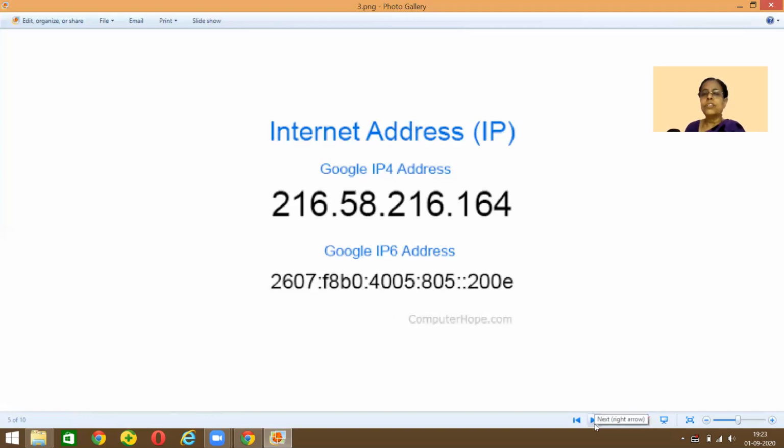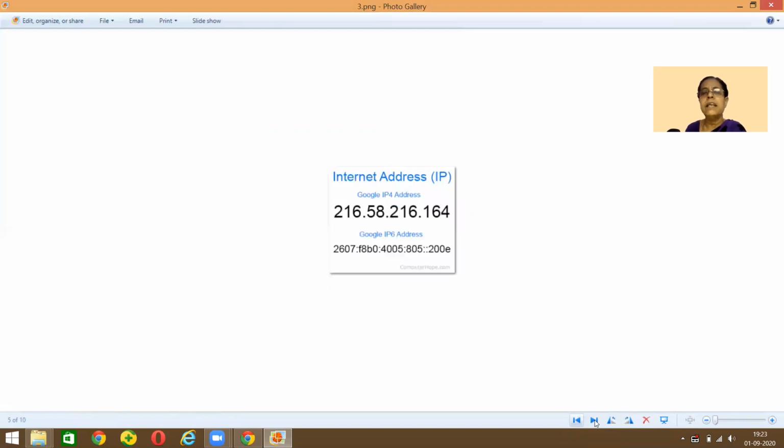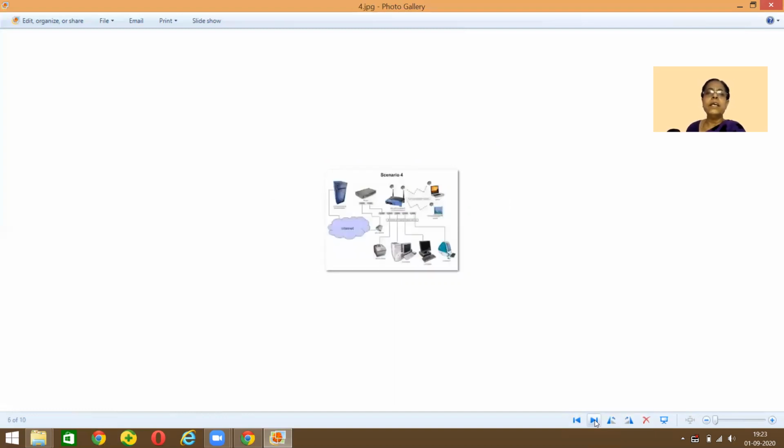Okay, our next topic was about the types of networks. Now we have two principal kinds of network. The principal kinds of networks are, one is LAN and the other one is WAN. LAN is local area network. So a local area network occupies a small area.